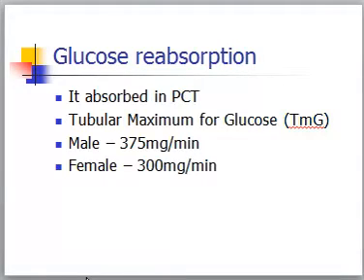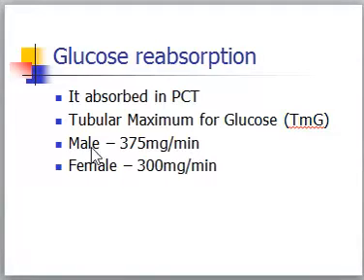Glucose and sodium bind to a common carrier protein in the luminal membrane of tubular epithelial cells and enter the cells. The carrier protein is called the sodium-dependent glucose co-transporter, SGLT2. From the tubular cells, glucose is transported into the medullary interstitium by another carrier protein called glucose transporter 2, GLUT2, which we will see in the slides.